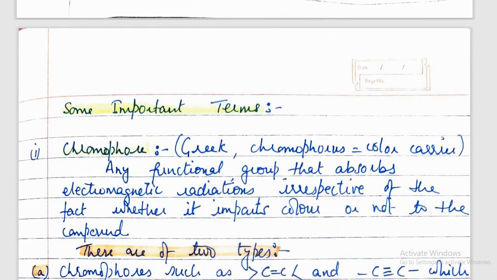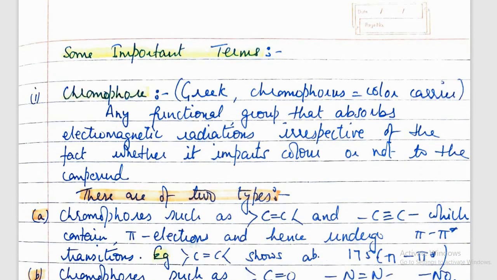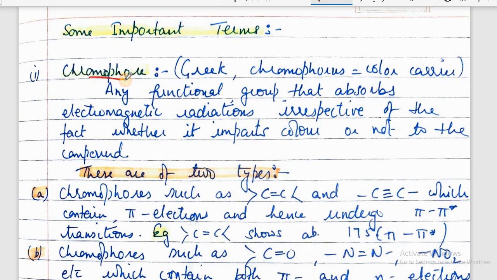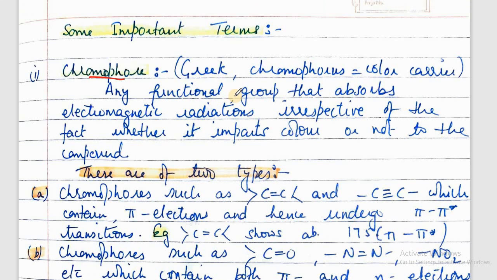So next we will take up some important terms which are used in UV spectroscopy. First is chromophore. Chromophore, as we see in Greek, chromophorus means color carrier. So any functional group that absorbs electromagnetic radiation, irrespective of whether it imparts color or not to the compound, is called a chromophore.